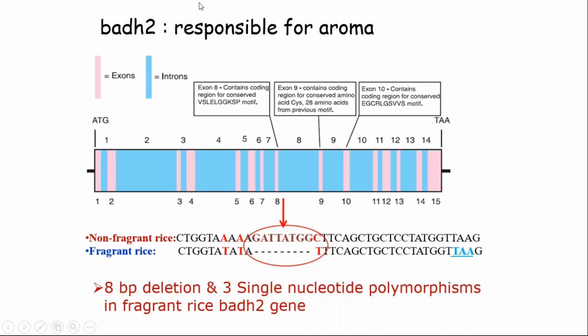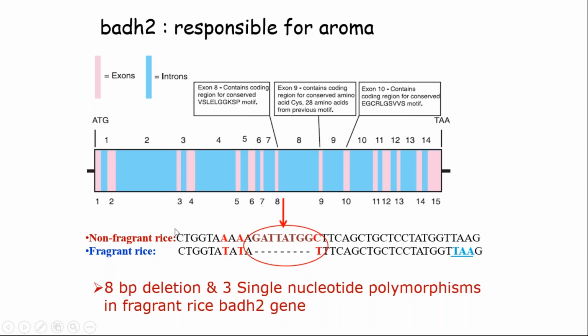So if you compare the sequences of the BADH2 gene from the non-fragrant rice and the basmati rice, we can see there is a difference where there is a deletion of about 8 base pairs between the two, and there are 3 changes.